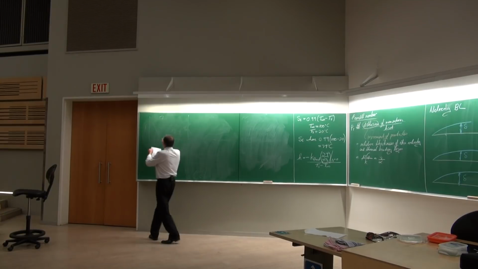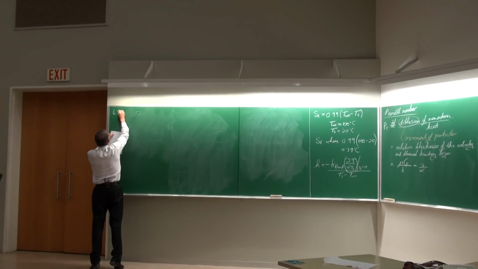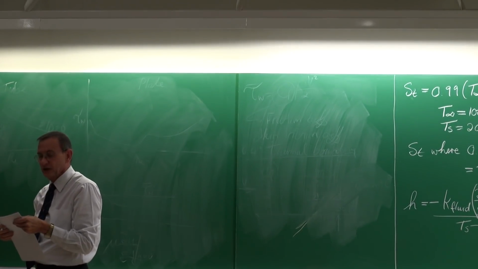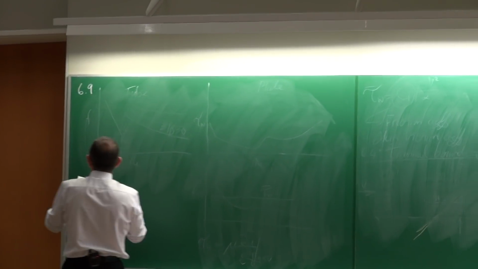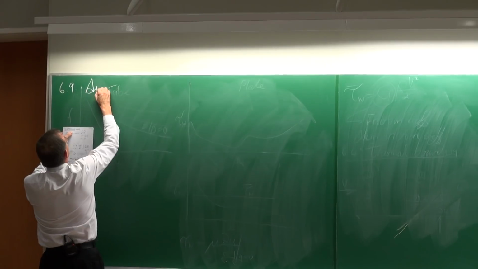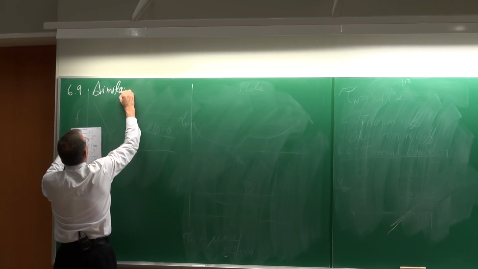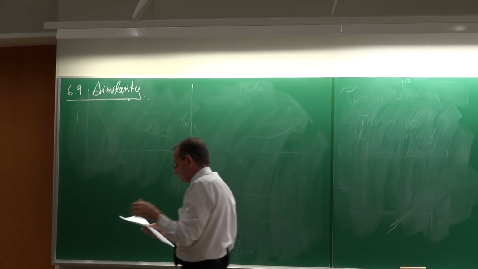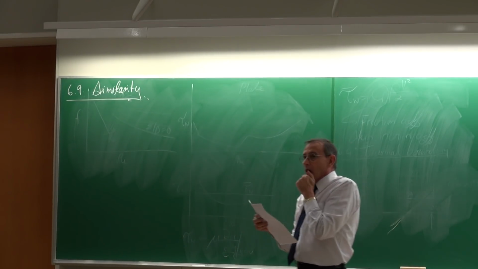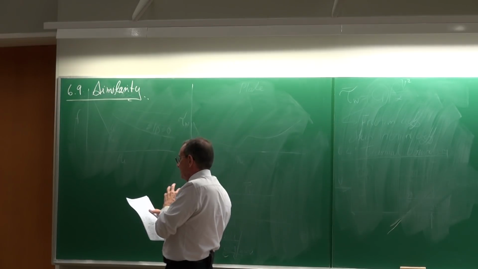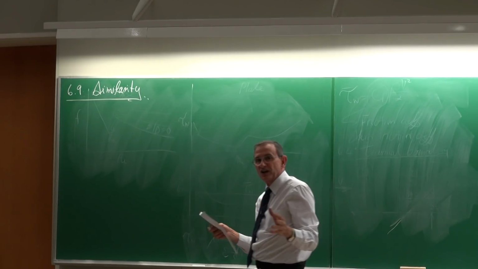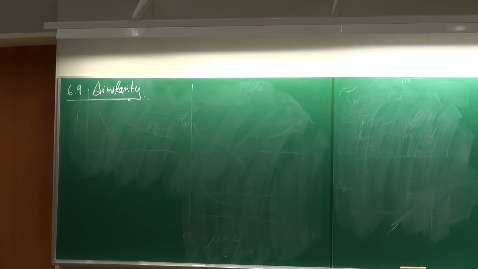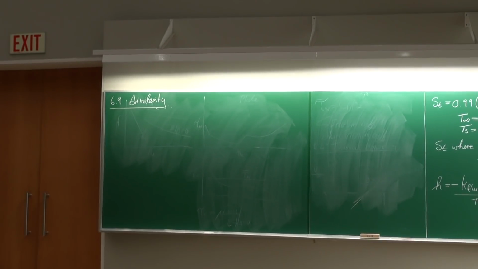Okay, now paragraph 6.9 is the non-dimensionalized convection equations of similarity. What they do in that paragraph is they non-dimensionalize the continuity equation, the momentum equation, and the energy equation.